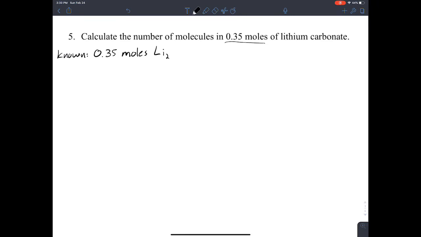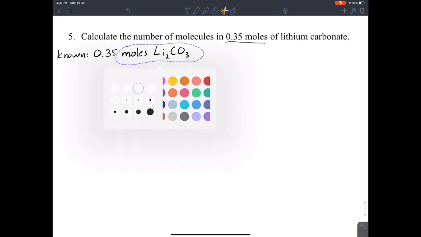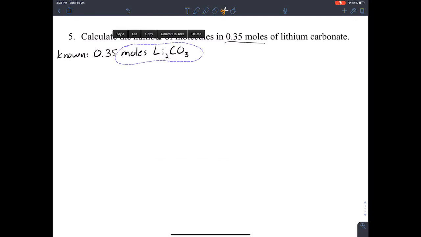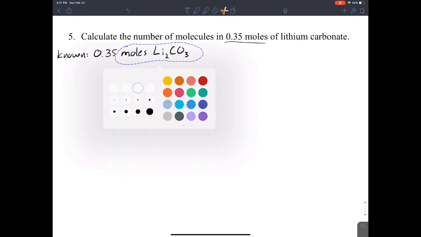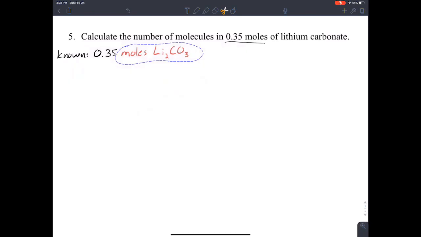That's Li2CO3. To write that out, hopefully you're able to do that if you look at lithium and carbonate. We'll make this a nice pastel color.